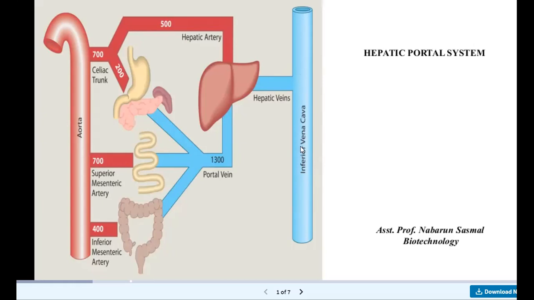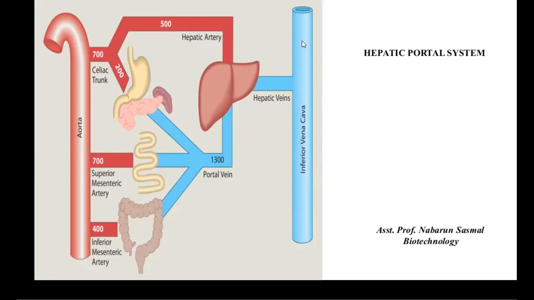From this inferior vena cava, the blood will go to the right atrium of the heart, from the right atrium to the right ventricle, from the right ventricle into the pulmonary artery, and from the pulmonary artery, it goes to the lungs to receive oxygen.